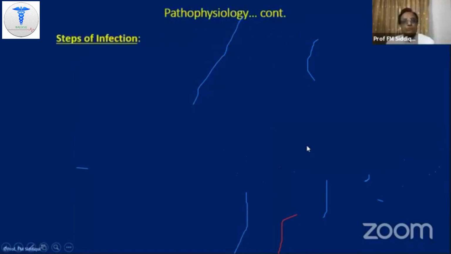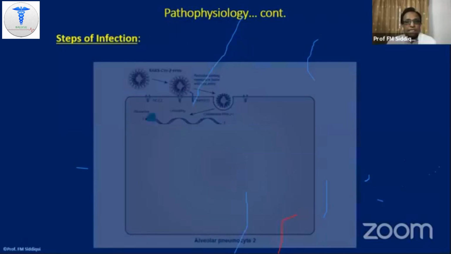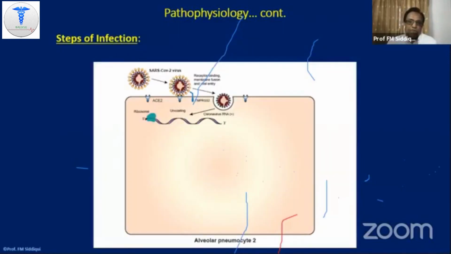Now, how does the virus infect the human? As we know, the virus enters the body by inhalation. Once it enters by inhalation, the main organ it reaches is the alveoli.